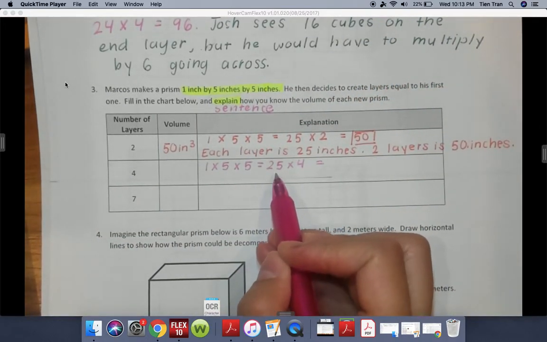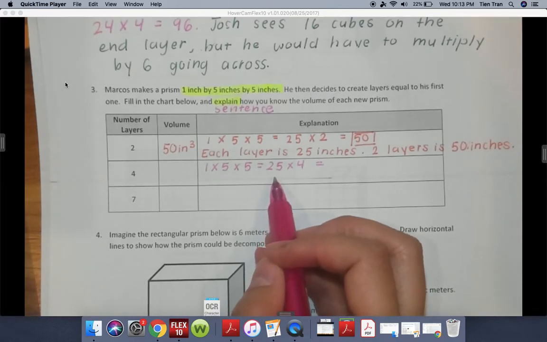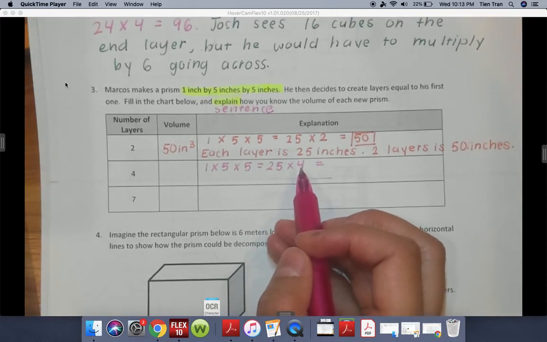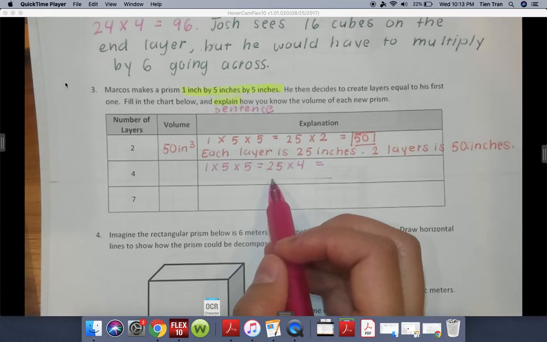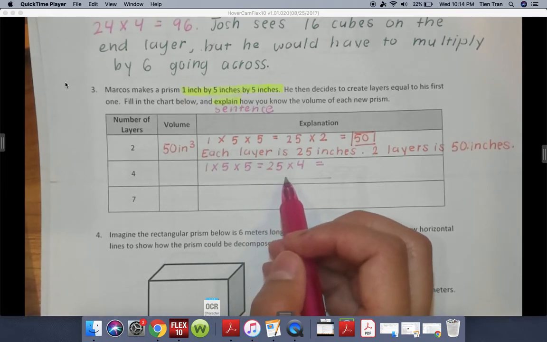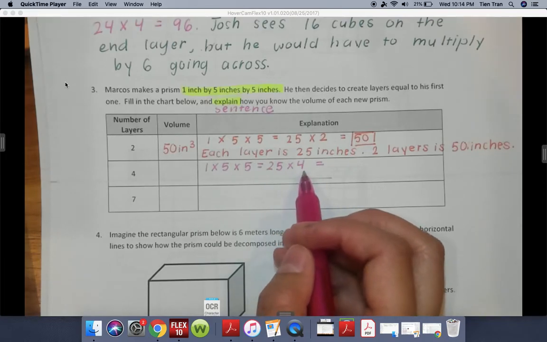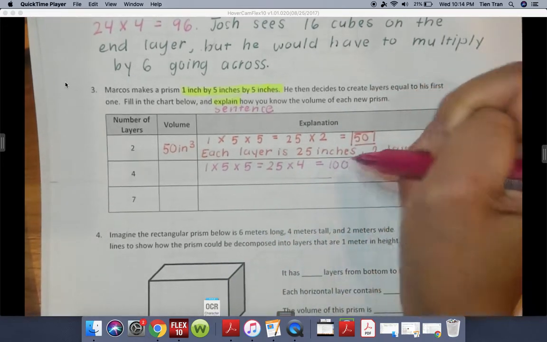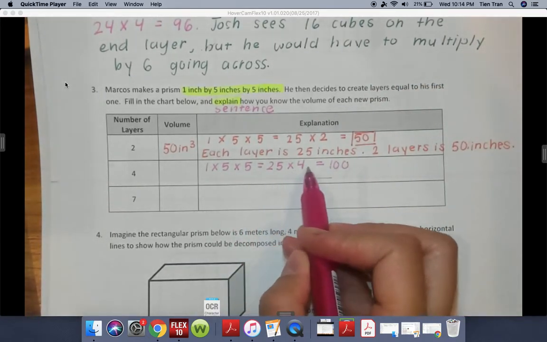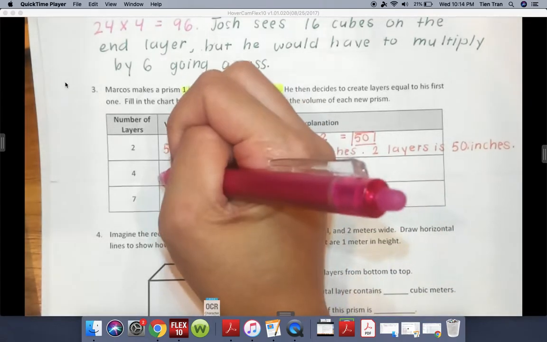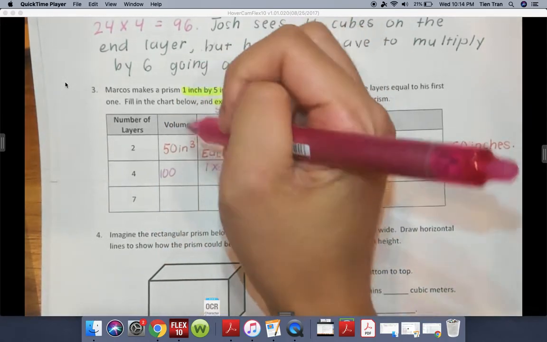Now, whenever I see the number 25 and I'm multiplying, I think of quarters. If I have 4 quarters, I would have $1. In this case, we're not using quarters, we're using full numbers or whole numbers. So that would be 100. Okay, so 25 times 4 is equal to 100. So it's 100 inches cubed.